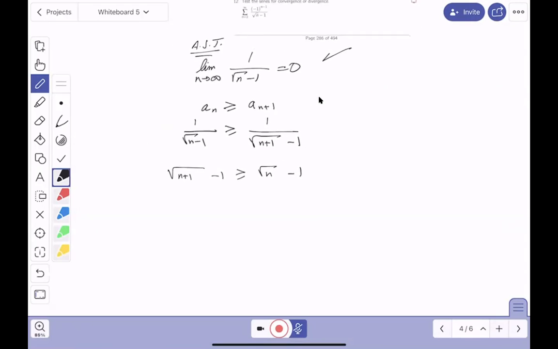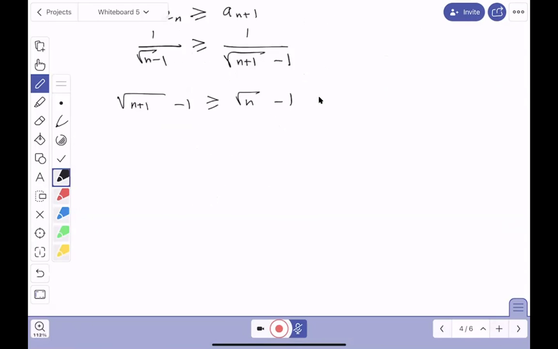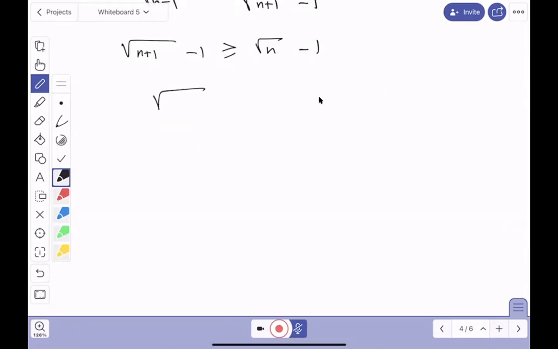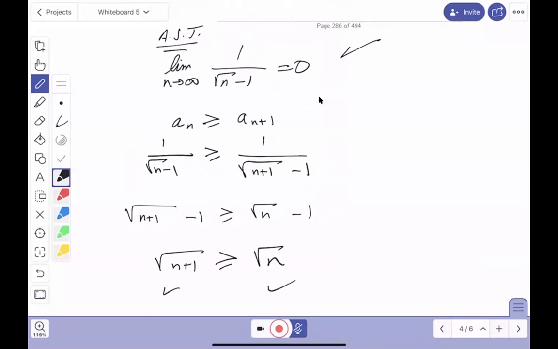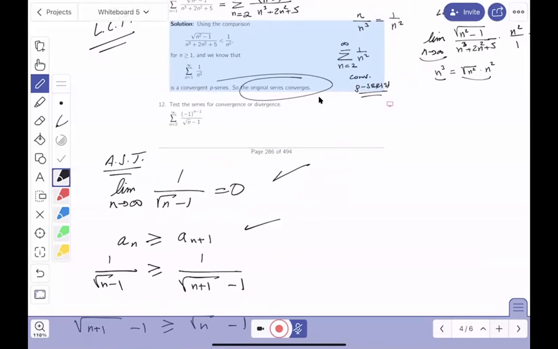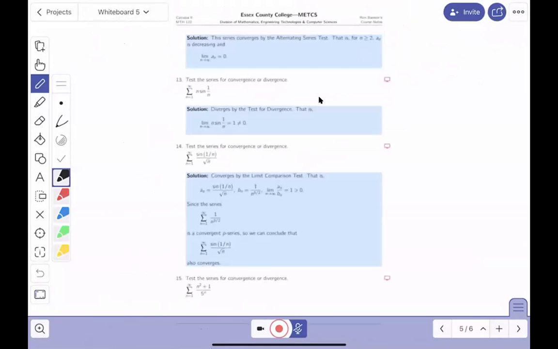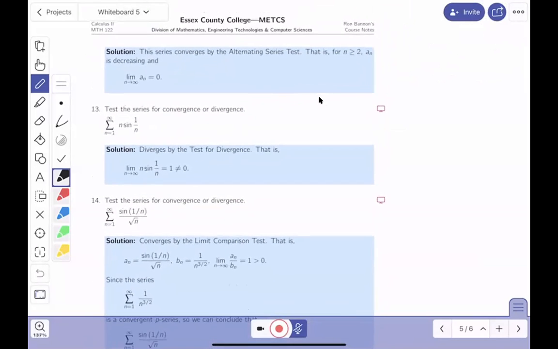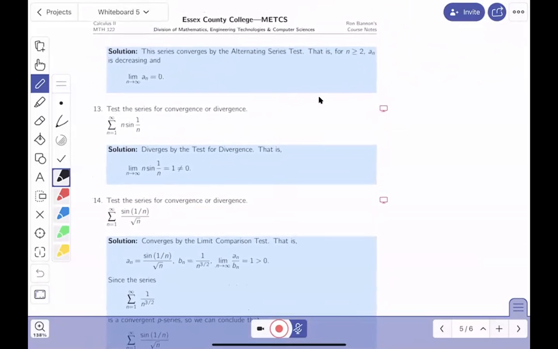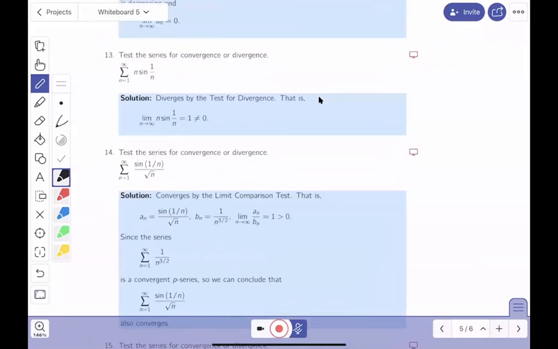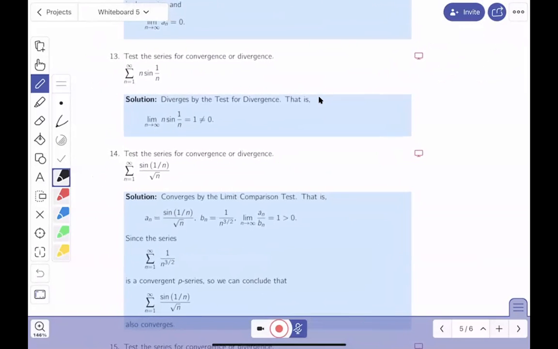Make sure I copied this correctly first. I did. Okay. So what do you get over here? Well, for positive n, that's clear as day to me, that this is definitely larger than that. So I'm going to say this has been met. So what do I know about this thing? This converges by the AST. Let's go to the next page. They did go on to say that it converges by the alternating series test. Yeah, I did all right.